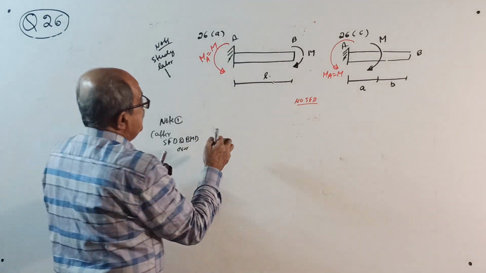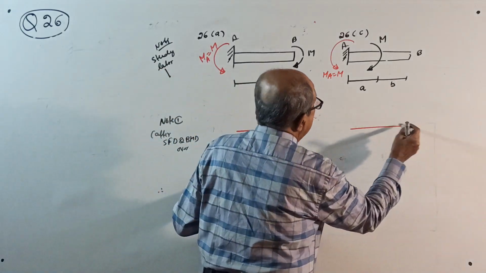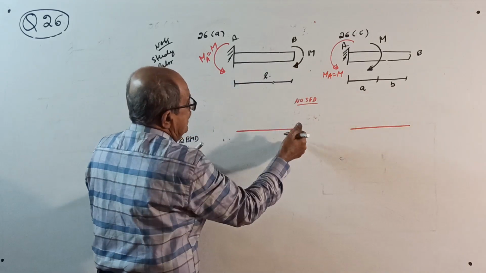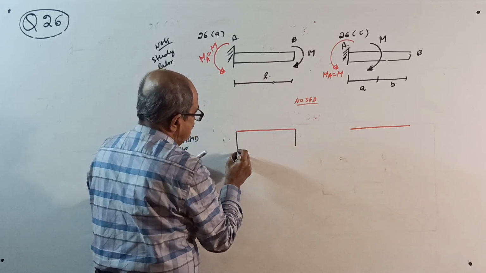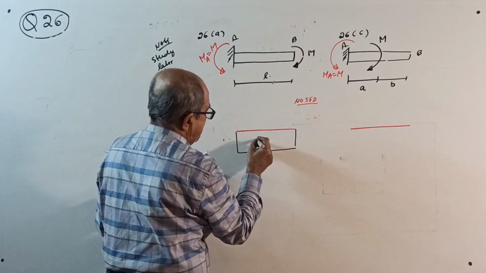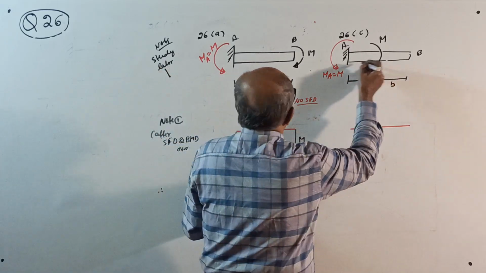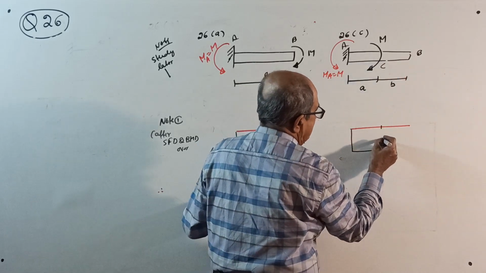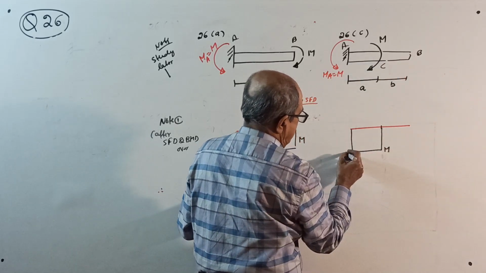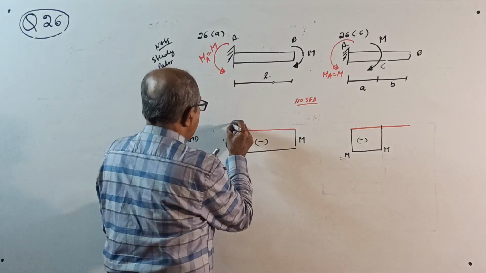But if you draw the BMD here, see the baseline, negative will come, hogging, so I'll put it down as minus M. If this point is C, the BMD will come this way, minus M. That means ABC.